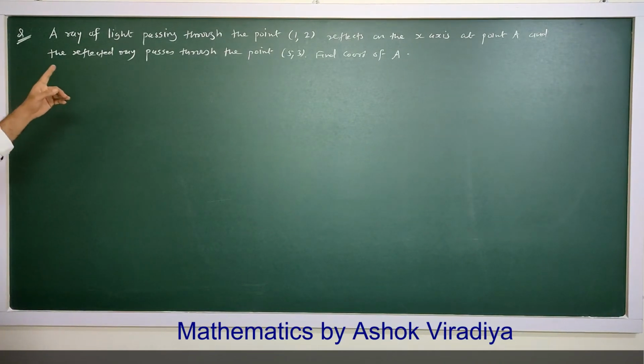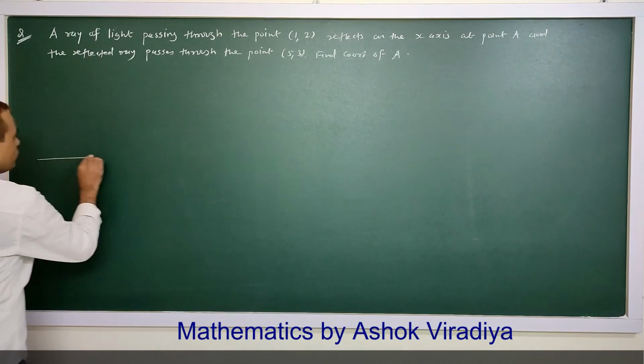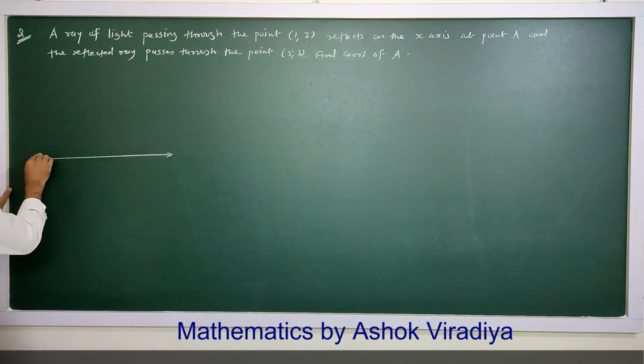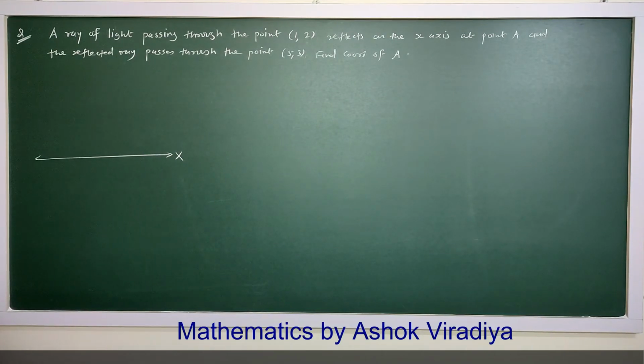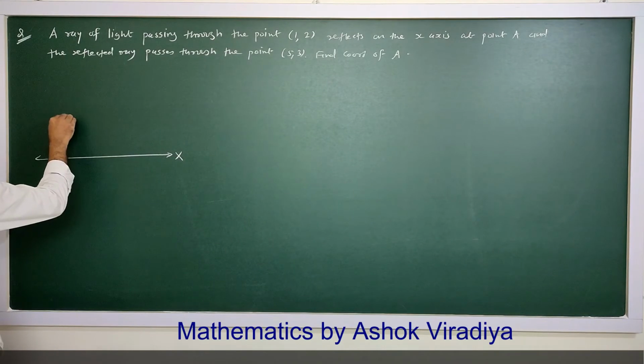A ray of light passing through the point 1, 2. Suppose this line is the x-axis. Here we take a point 1, 2.